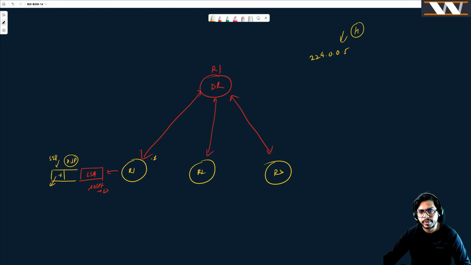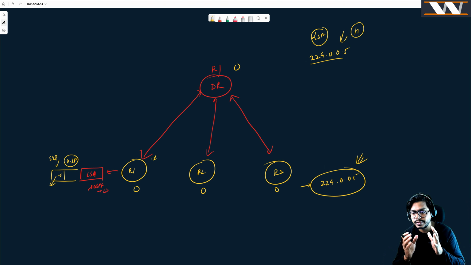If I send the hello packet or the LSA here, then every other router is going to listen, because if we run OSPF on all these routers, then each is listening at 224.0.0.5. As I mentioned previously, whenever you run OSPF, every router is going to listen on this multicast address.